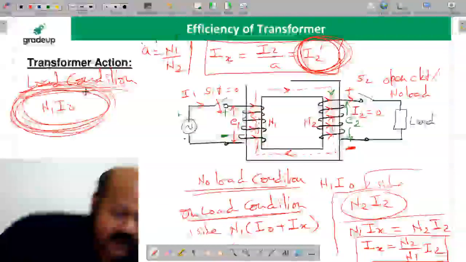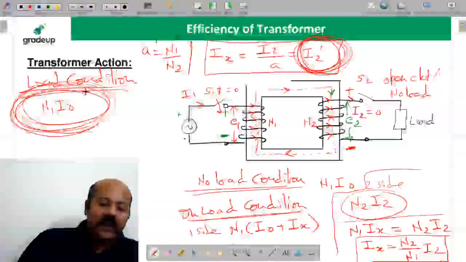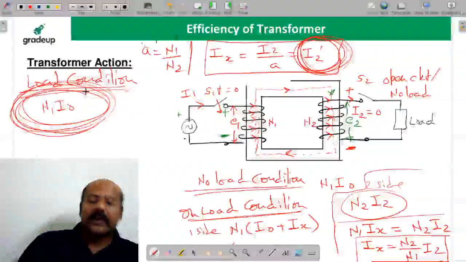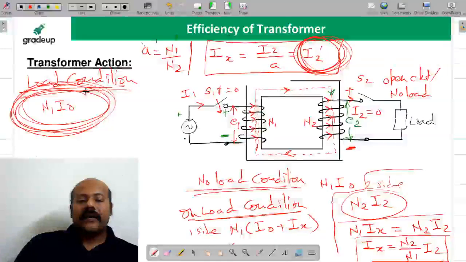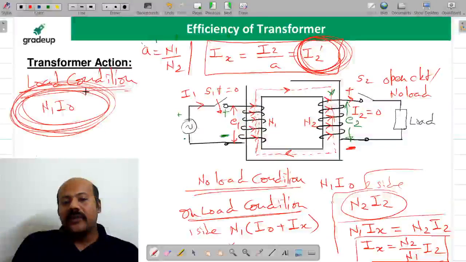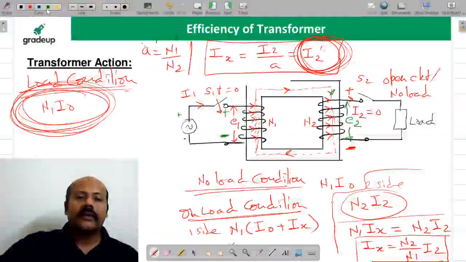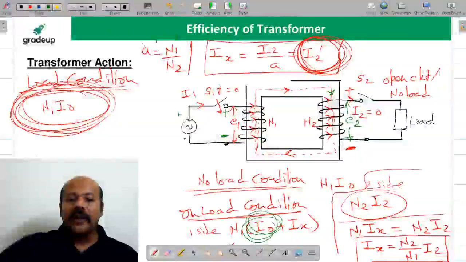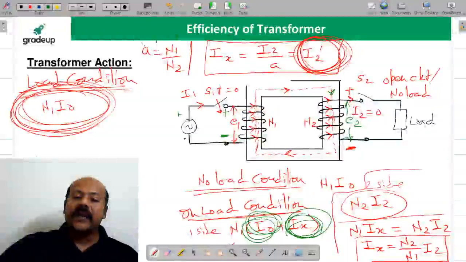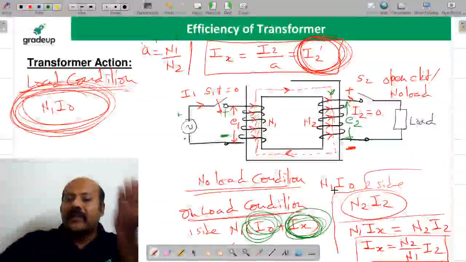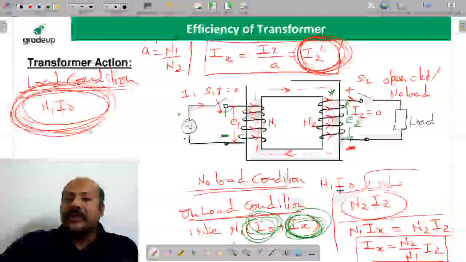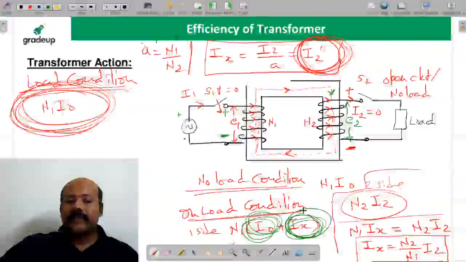Surya Saravanan is asking what will happen to the no load current when the load is connected. Beta, I am telling you what is your problem. Are you not getting it? This is the no load current. This is the extra current drawn from the supply because of the closing of the switch S2.